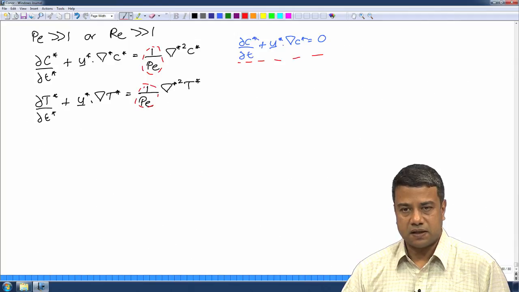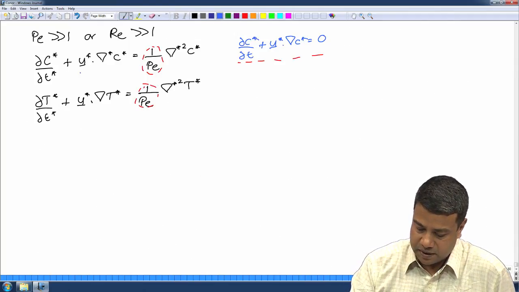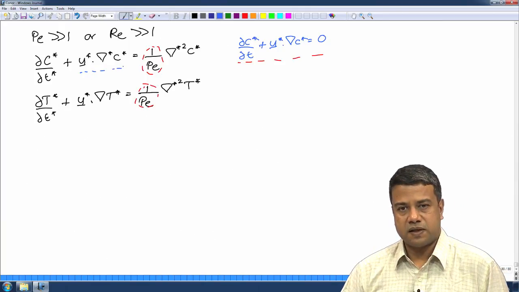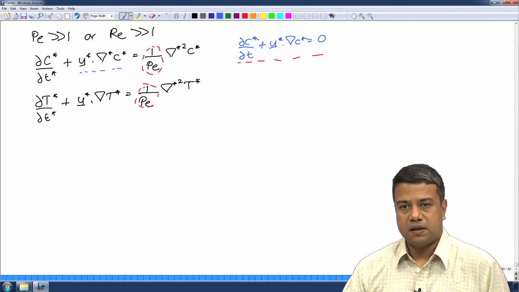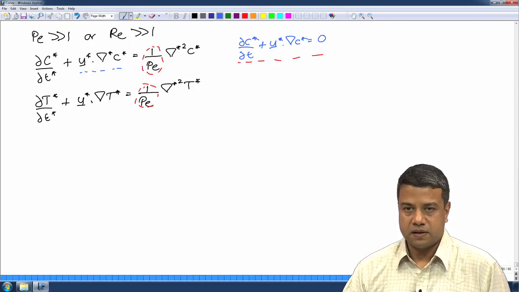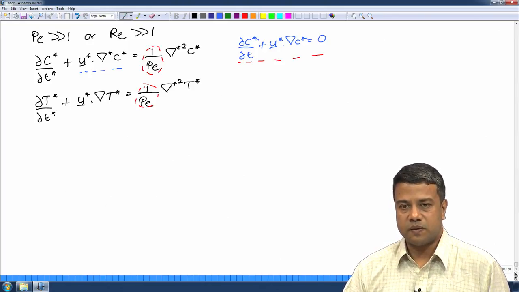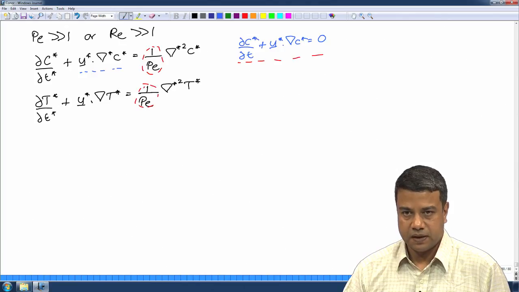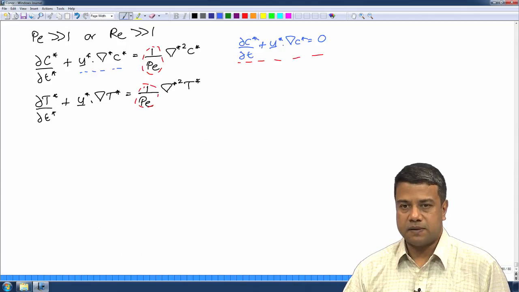Physical reason is that this convective term transports mass or energy only along the direction of the fluid flow. At solid surfaces or liquid gas surfaces, due to the no penetration condition, there is no fluid velocity perpendicular to the surface. Therefore, transport perpendicular to the surface cannot take place due to convection.